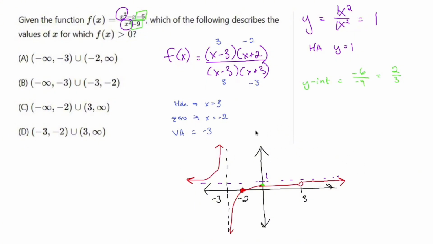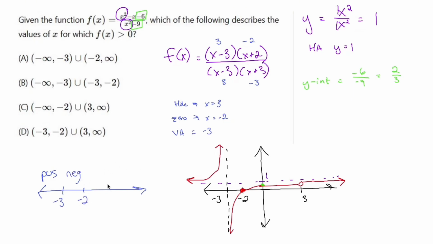Now, what I'm supposed to do is find out where this is greater than 0. Okay, so this is going to be greater than 0 here. All right, it's going to be greater than 0 all the way up until -3. It's going to be positive. Then from -3 to -2, we're negative.